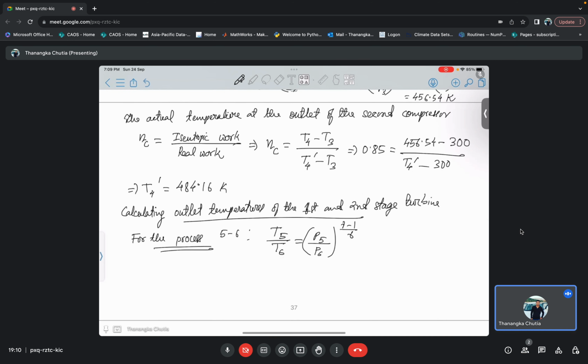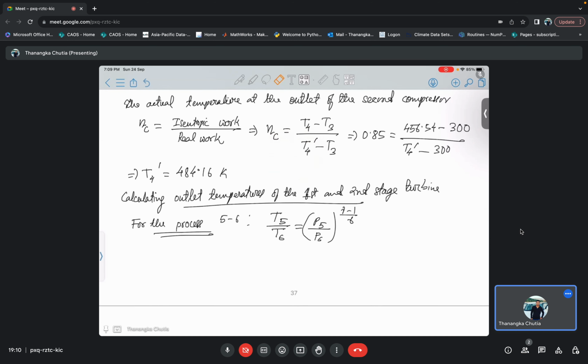And from here, T5 is given to you as 1500 Kelvin. So T6 will be nothing but T5 divided by P5 by P6 to the power gamma minus 1 divided by gamma.